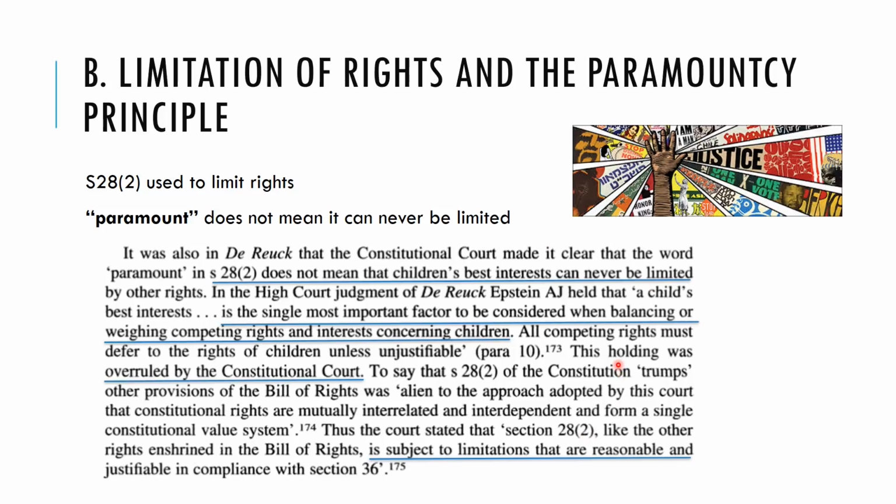The Constitutional Court found that it does not trump other provisions of the Bill of Rights, because that is an alien approach, as all rights are mutually interrelated and interdependent and form a single constitutional value system. Thus, the Court stated that Section 28.2, like the other rights enshrined in the Bill of Rights, is subject to limitations that are reasonable and justifiable in compliance with Section 36.